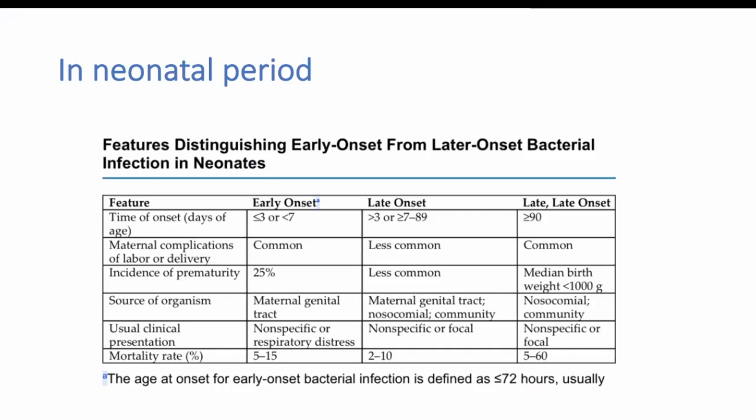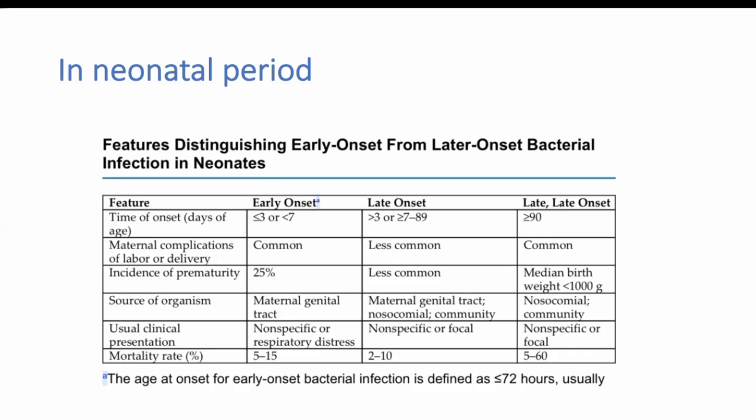Then late onset; some will differentiate between late and very late onset, some will put them as one category. After that, we'll talk about some nosocomial infections, so we'll talk about Staph aureus and coagulase negative staph. We need to cover those organisms. But for early onset, we need to cover only certain organisms: group B streptococcus, gram-negatives like E.